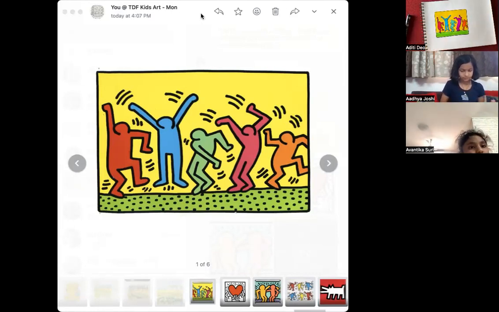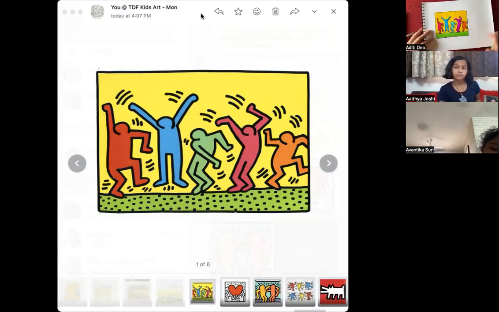Okay, so the name of this painting also is, well, it's untitled, but it's also called Dance. I'm going to write that at the bottom.